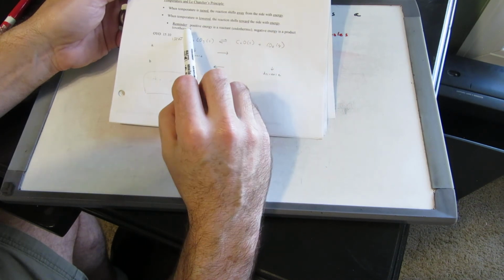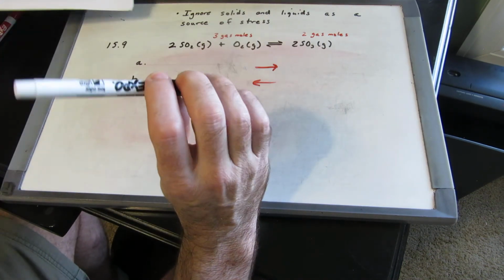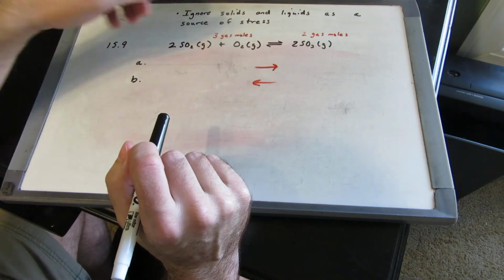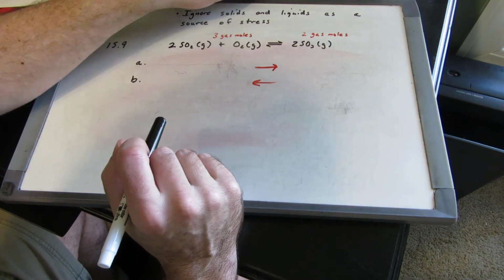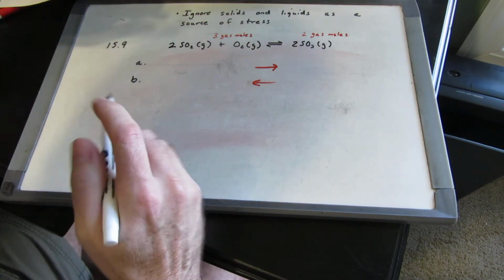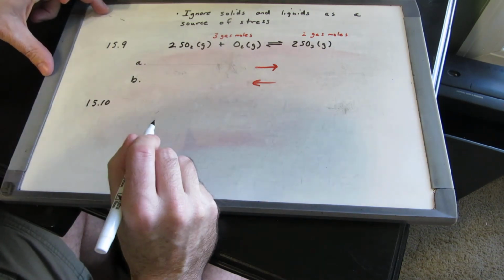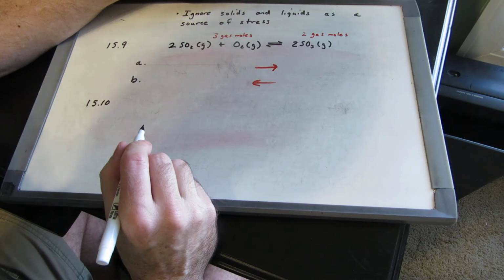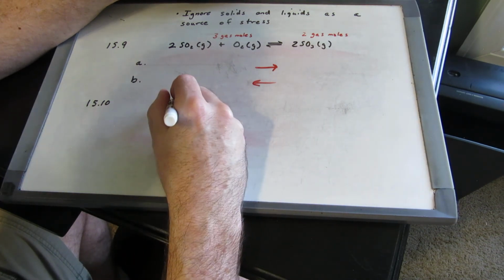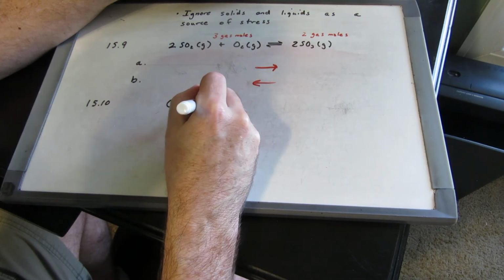Negative energy is a product, meaning it's exothermic. Let's take a look at 15.10. We are on page 513. We're going to consider the following reaction. CaCO3, that's a solid.